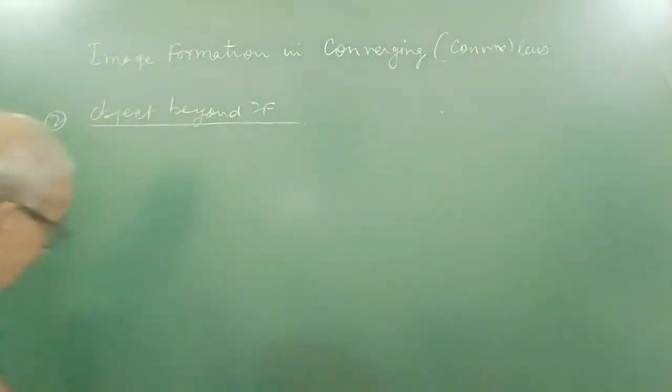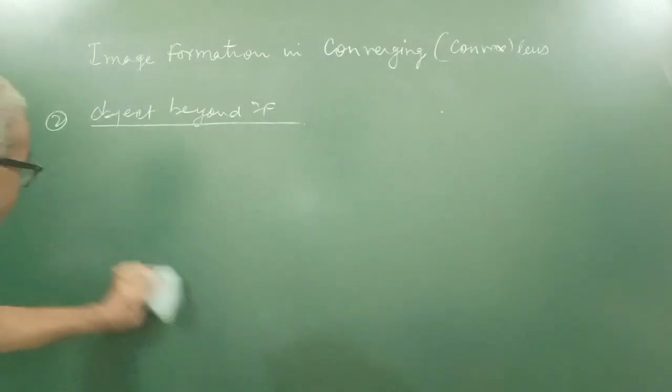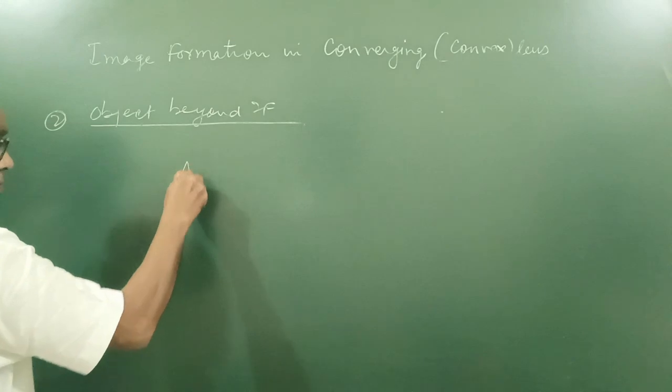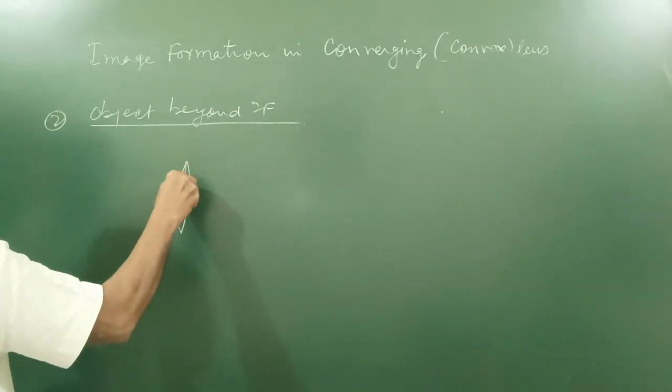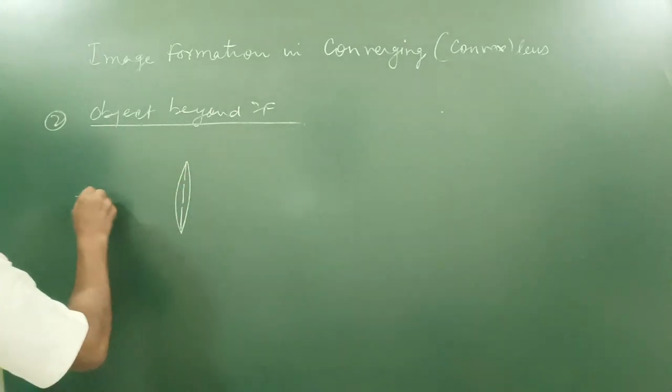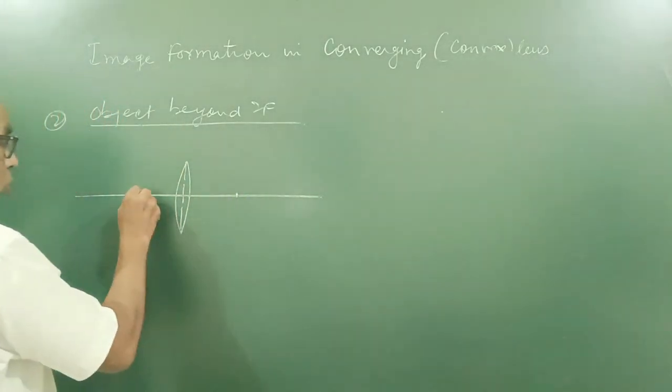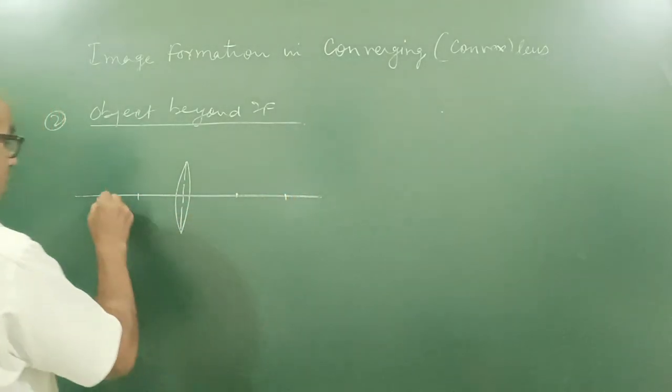Then your answer can be verified while doing numericals, which people are afraid of. I don't know why students are afraid of numericals. Please practice them. By doing numericals, you understand what we have learned.